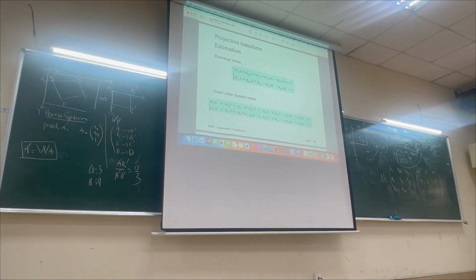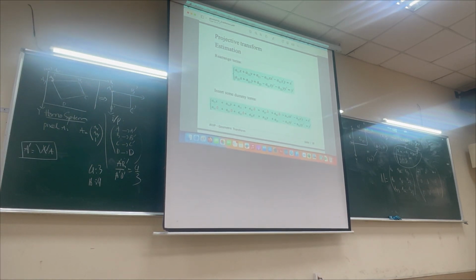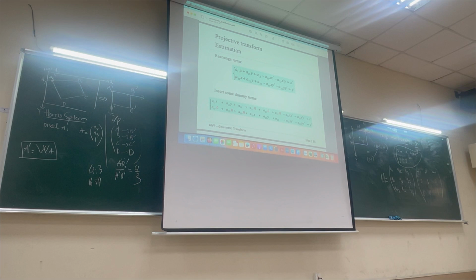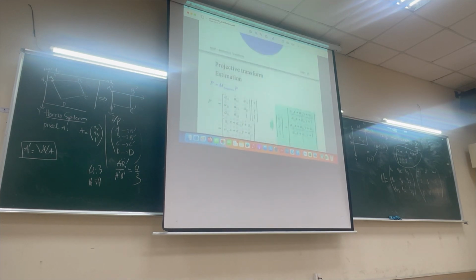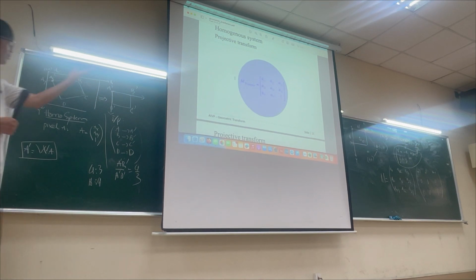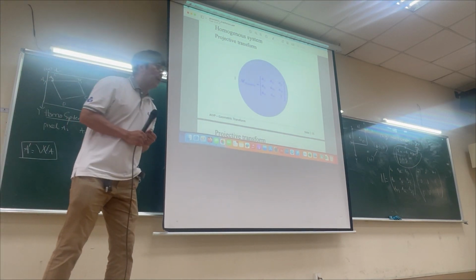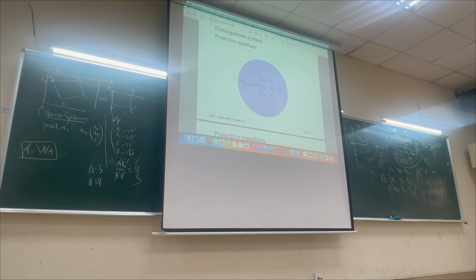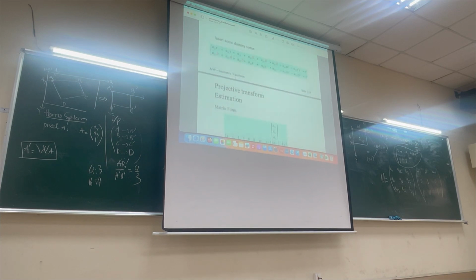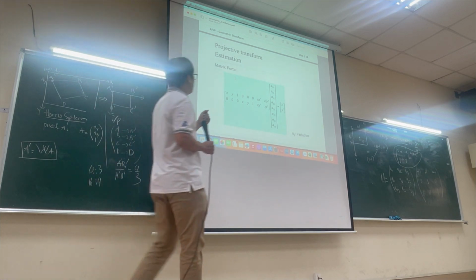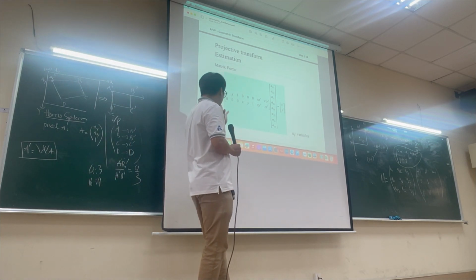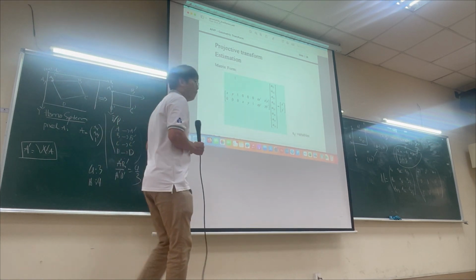And just one pair gives you two equations, right? One pair gives you two equations. How many variables do you want to determine? 8 values, right? So you have to make at least 8 equations.